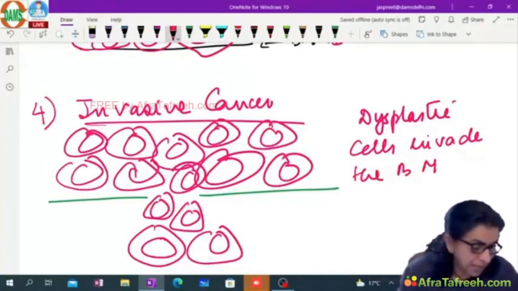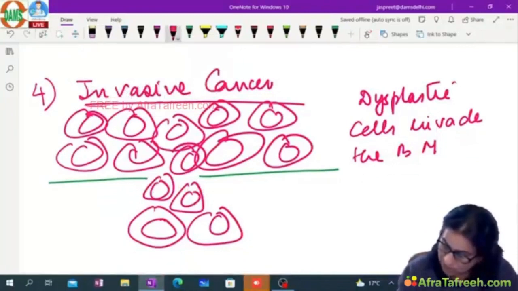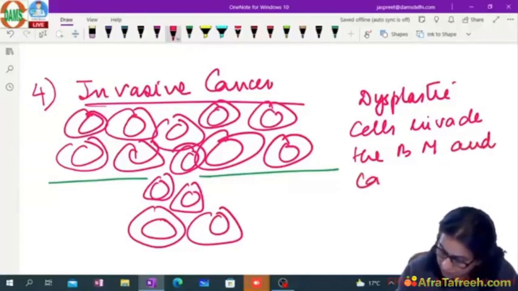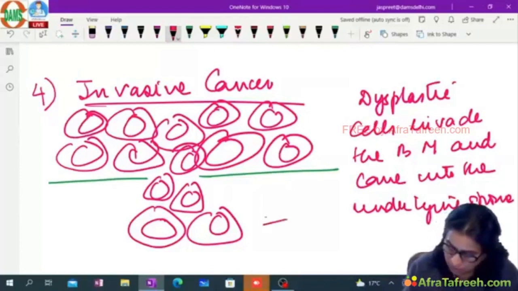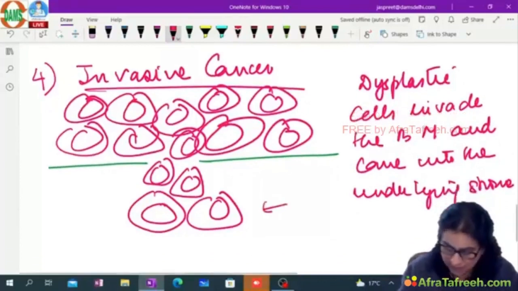So they break the basement membrane, invade it, and come into the underlying stroma. So now this becomes an invasive cancer.